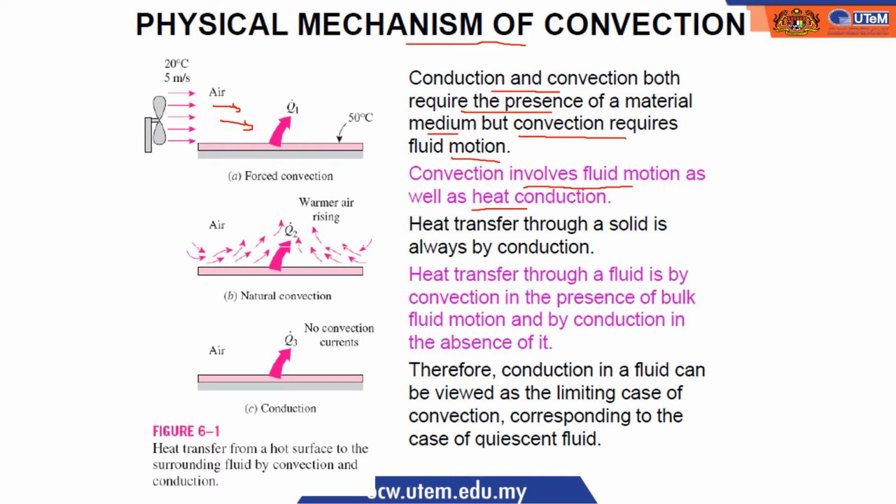Okay, so this one is heat transfer from a hot surface, one is forced convection, one is natural convection, and this one is only conduction. Heat transfer through a solid is always by conduction, if it is solid to solid, but heat transfer through a fluid is by convection in the presence of bulk flow motion and by conduction in the absence of it.